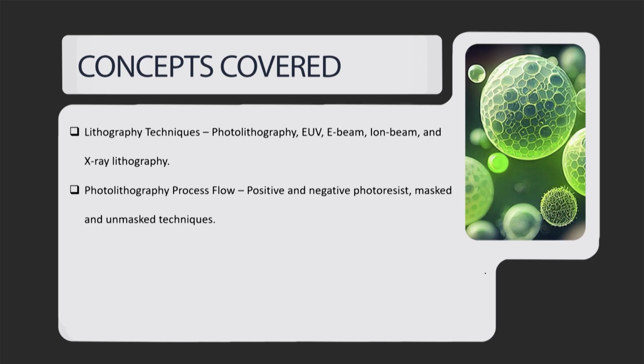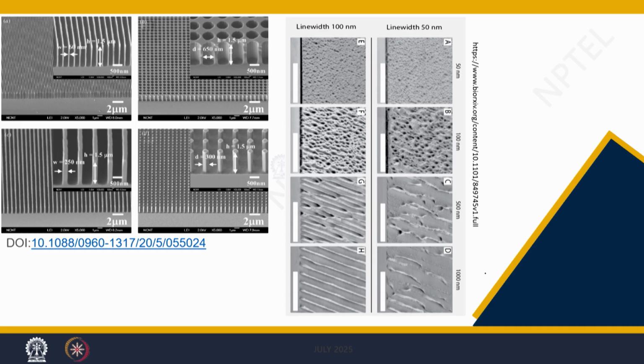There are various types of lithography techniques which are available to us now. Each of them has advantages, and just like any other synthesis protocol which we discussed in the previous week, this also has limitations. So, we will see these aspects in today's lecture.